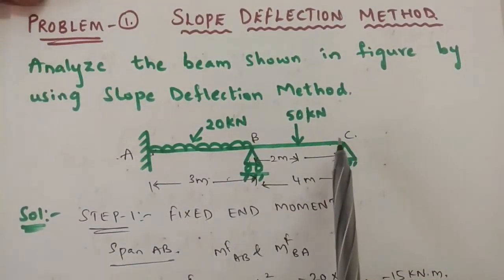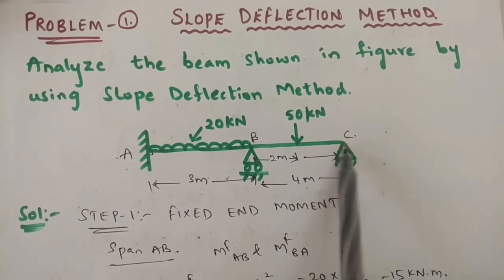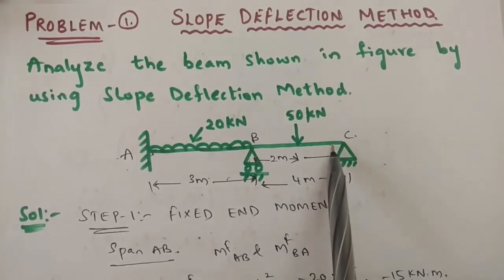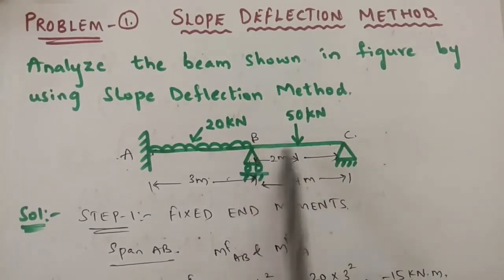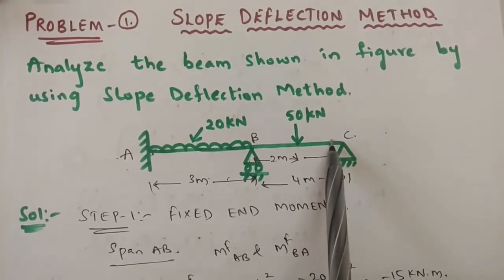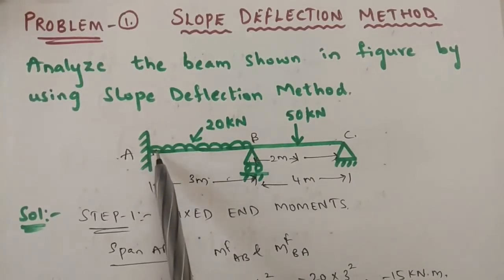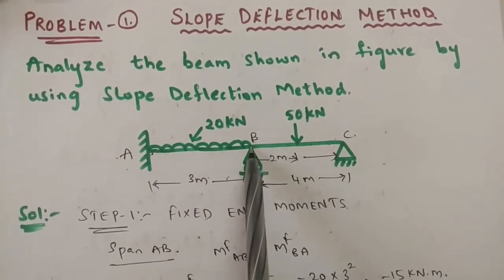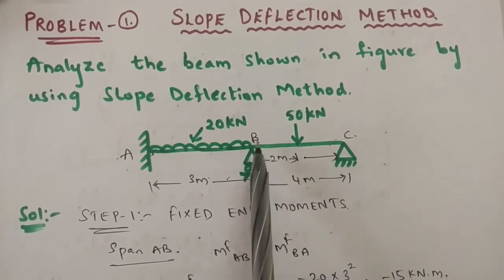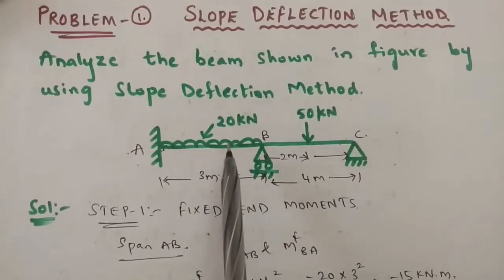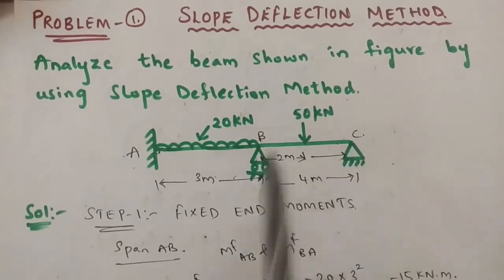Generally at the simply supported end we will get bending moment value 0, but in order to find the value of theta B we will consider this equilibrium equation MCB. We know theta A because of fixed support. In order to determine the value of theta B we have to apply the equilibrium equations MBA plus MBC equals 0 and MCB equals 0.